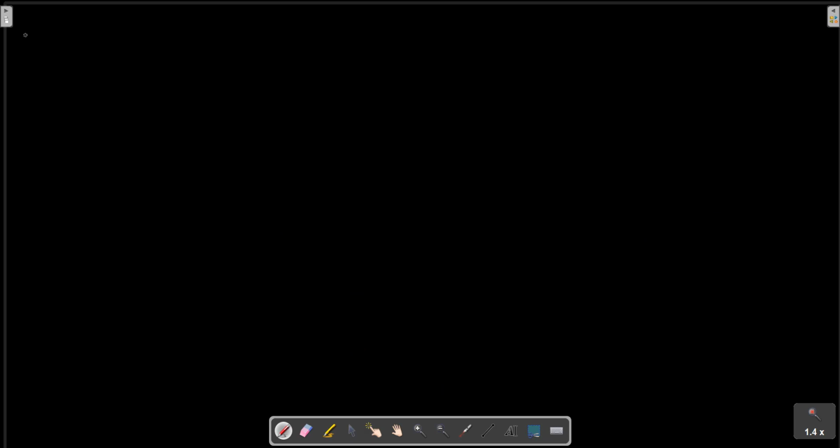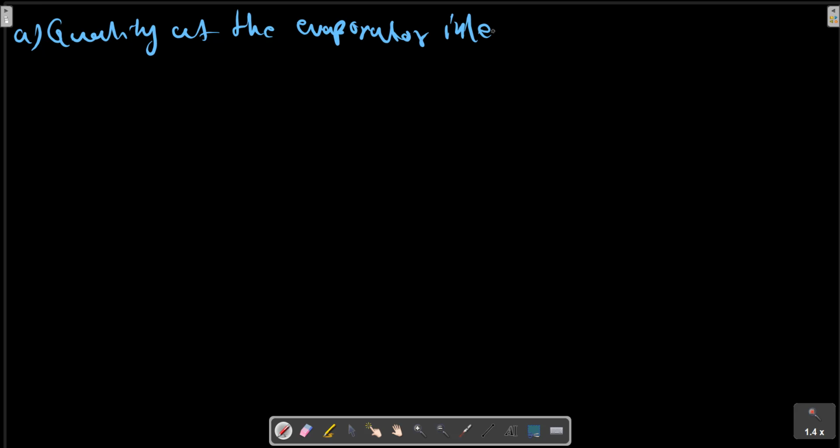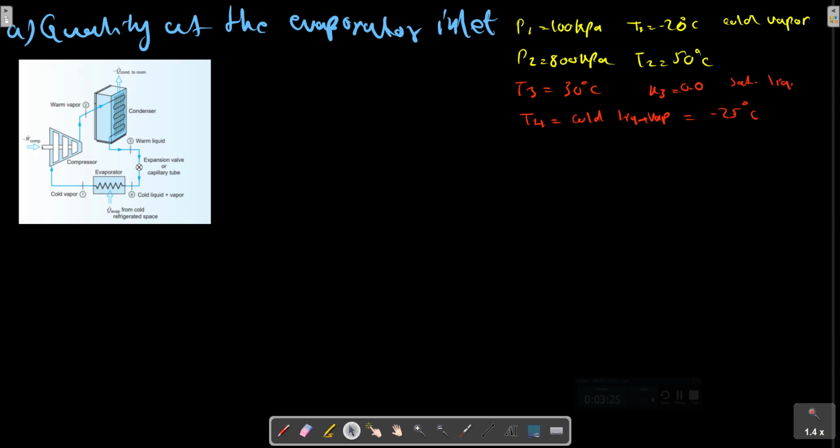Let me start with part A: quality at the evaporator inlet. Consider this picture. The quality at the inlet can be calculated at point 4, which is after the expansion valve.